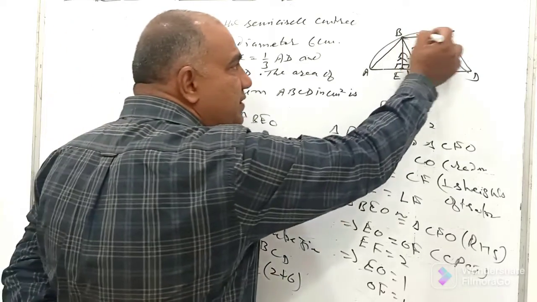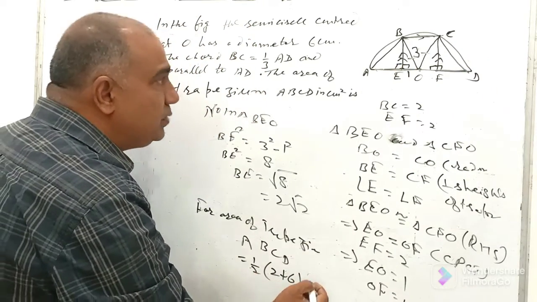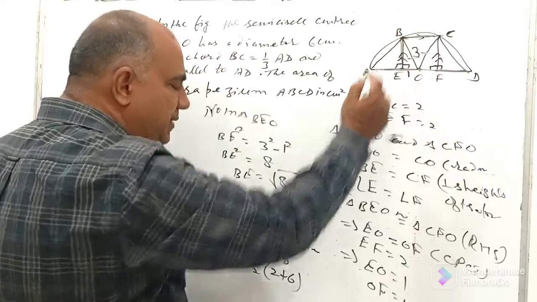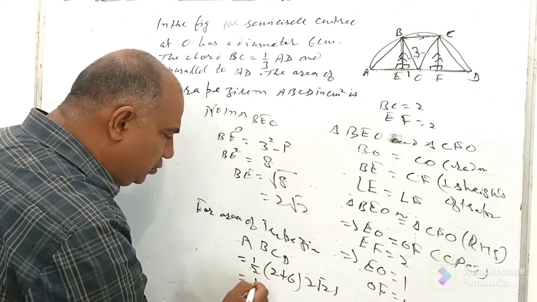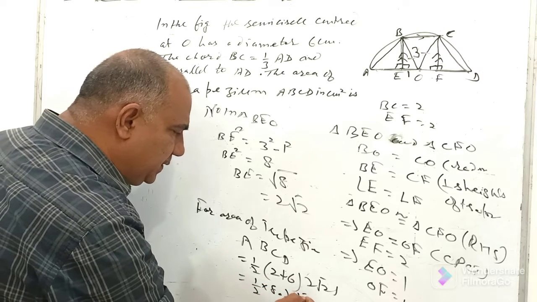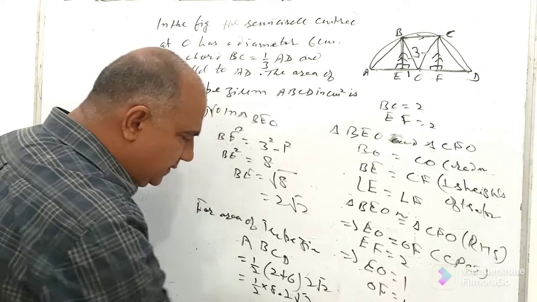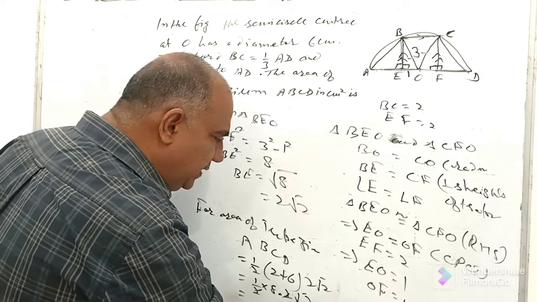See, this side is 2 and this complete side is 6. Height here is obviously BE, which is 2 under root 2. So this comes out to be 1/2 into 8 into 2 under root 2. Yes, this can be cancelled, so the area will become 8 under root 2.